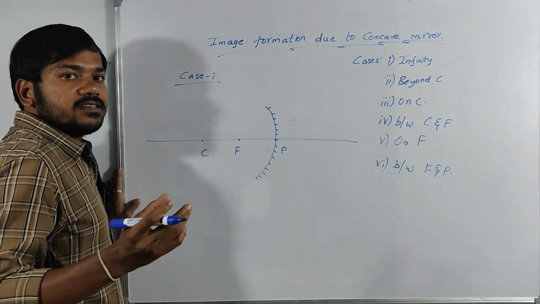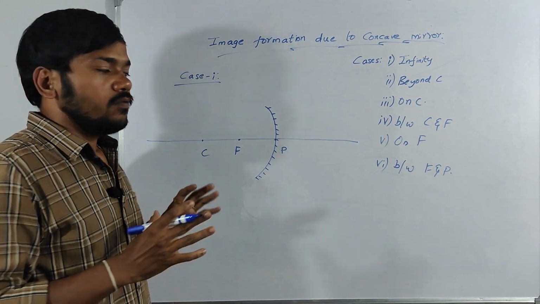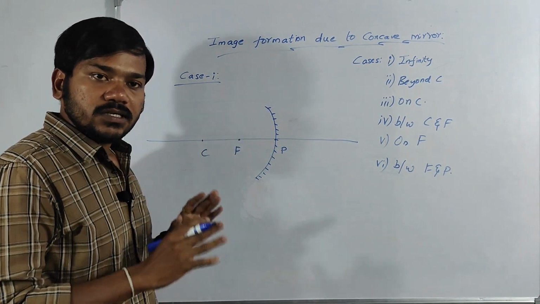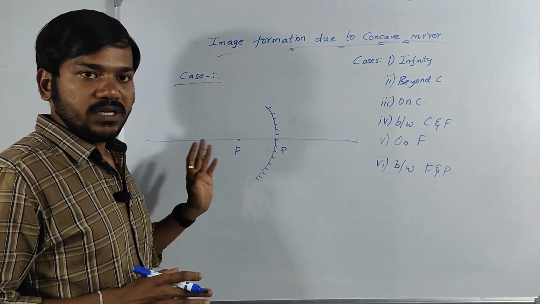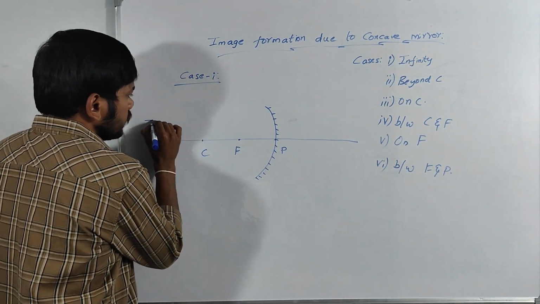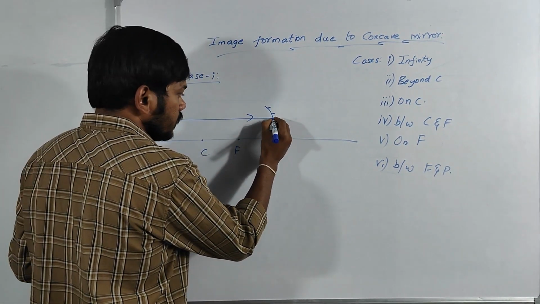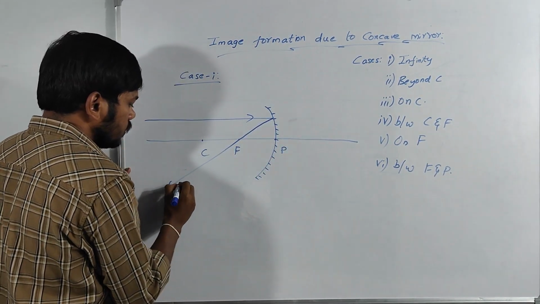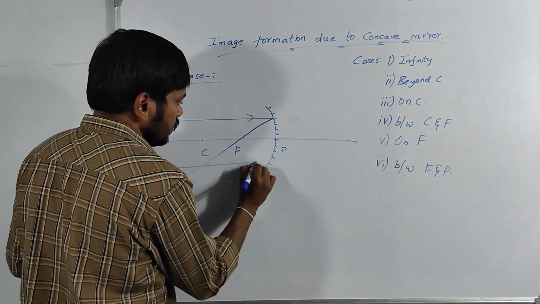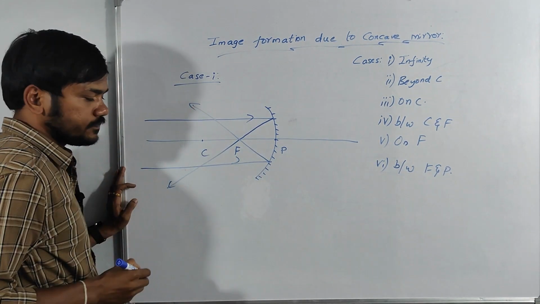So by using the simple ray rules, we can form the images of the objects which are kept before the spherical mirrors or lenses. The first ray rule: incident ray parallel to the principal axis, when the object is at infinity, reflects and passes through focus. The other ray we take will also pass through the focus.